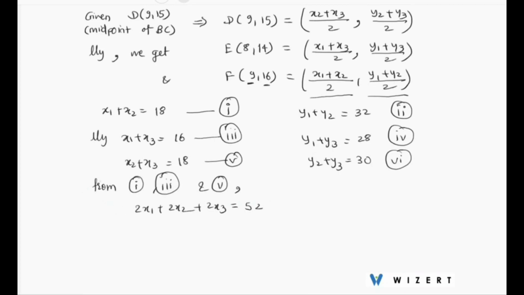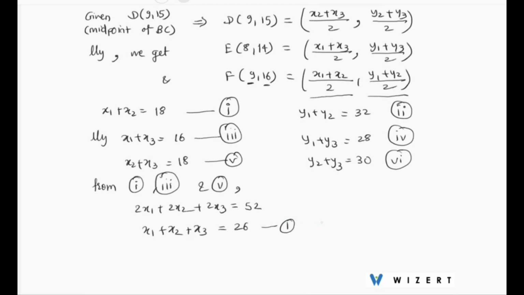So from 1, 3 and 5 we get 2x1 plus 2x2 plus 2x3 equal to 52, and thus we get x1 plus x2 plus x3 equal to 26.